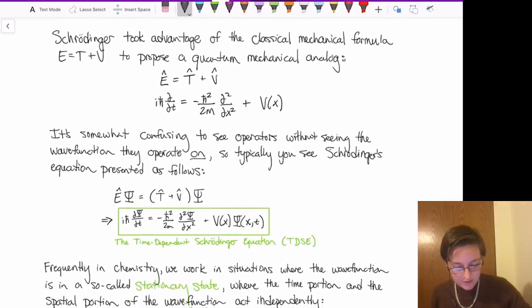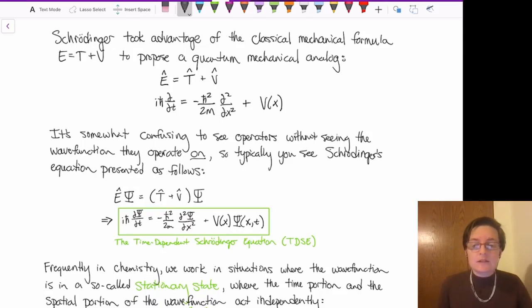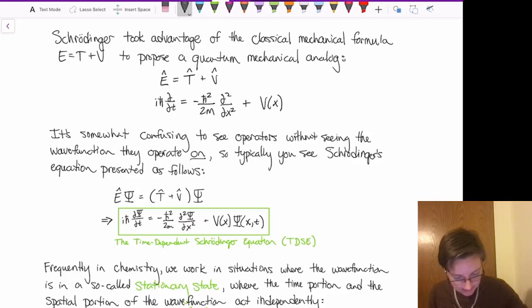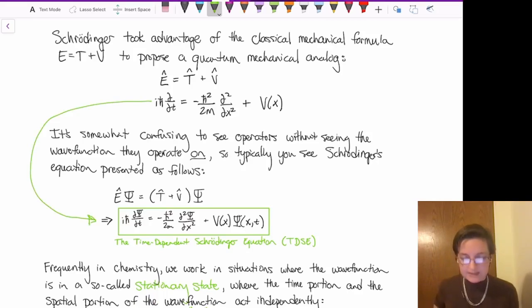Now, if you are like me, it's typically confusing to see operators without seeing the wave function that they operate on. So when you see this equation in textbooks, typically you'll see it presented as multiplying both sides of the equation on the right by psi, so that not only can we see the operators, but we can see what they operate on. And if we do that, how this is going to change from our first equation down to our second equation is that I've just substituted in on the right-hand side in each individual spot psi.